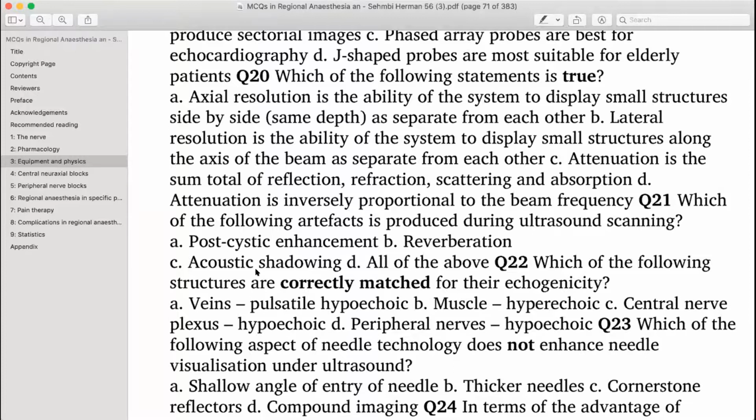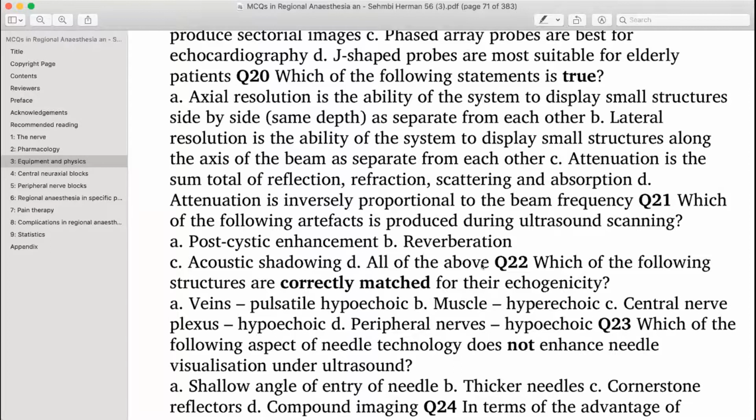Correct, correct. So what you are saying is right. Reverberation is when you have that needle. And post-cystic enhancement. Why not all of the above? Even when you are scanning the pleura, you may have the reverberation artifact.